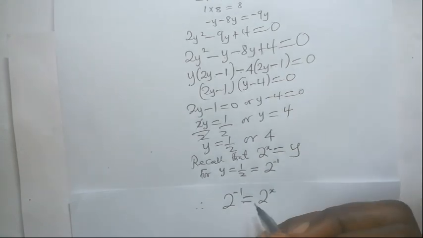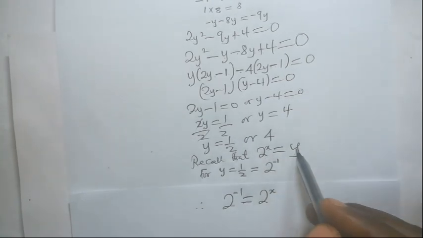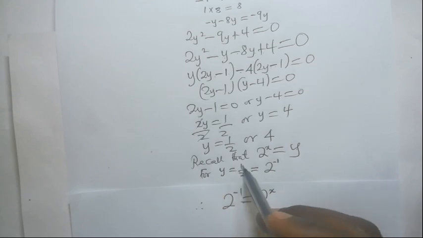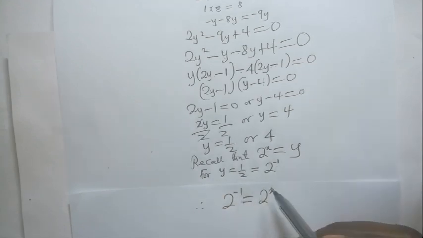You get it? Since 2 to the power of x is y, and we are considering y is equals to 1 over 2, which is 2 to the power of minus 1, using reciprocal law.